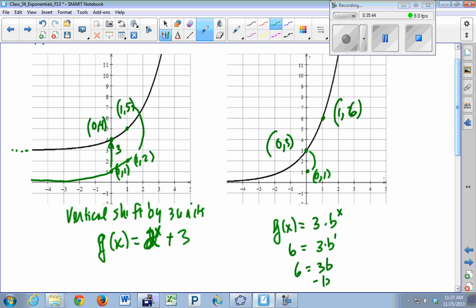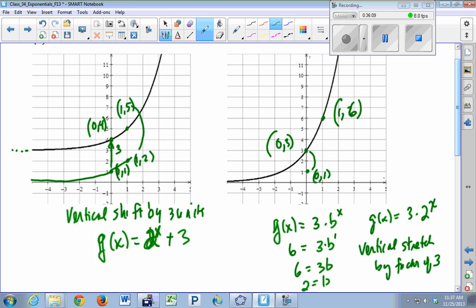So b equals 2. So this is a vertical stretch of a doubling function, 2 to the x. It's a vertical stretch by a factor of 3.